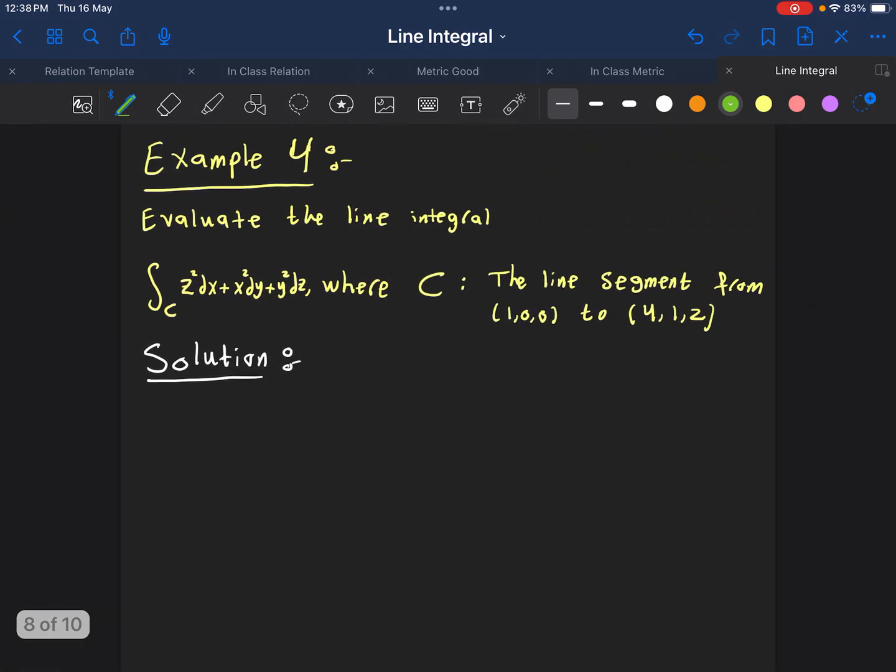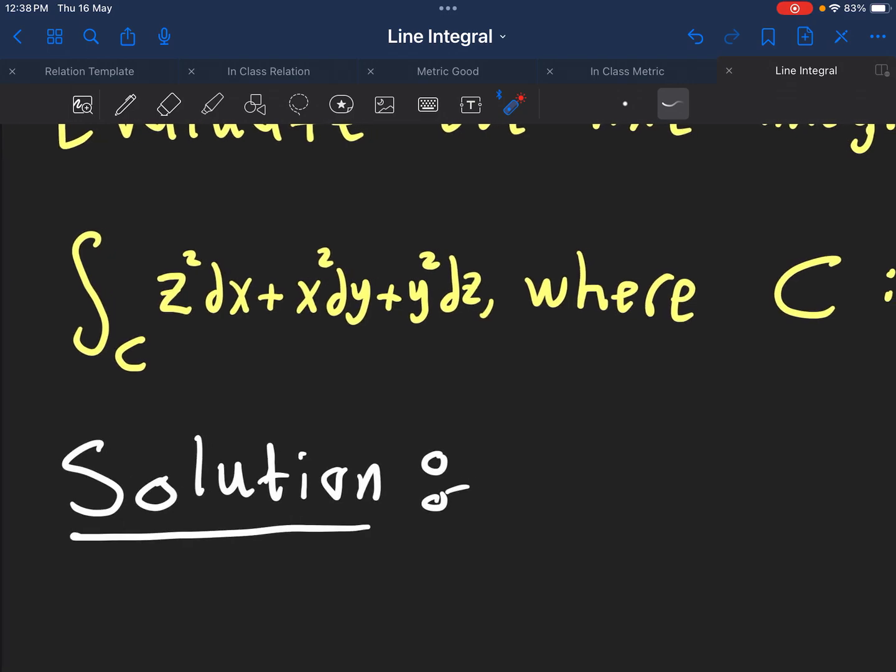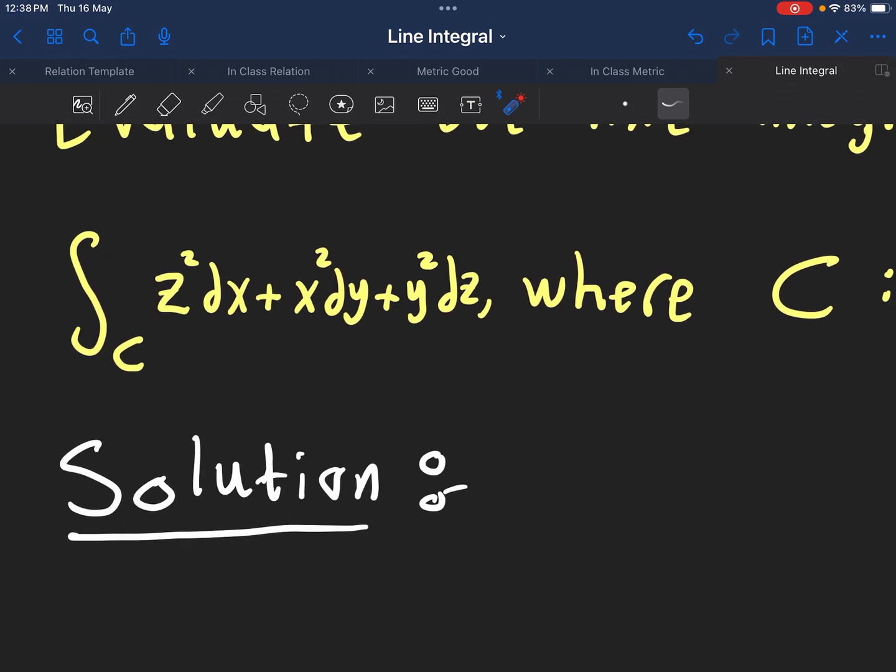Next example, which is example number 4, we need to evaluate the line integral. We have a line integral with 3 variables, dx, dy, dz, and I have the line segment given to me. So again, all we will do is find the parameterization, which means I will find x in terms of t, y in terms of t, and z in terms of t.